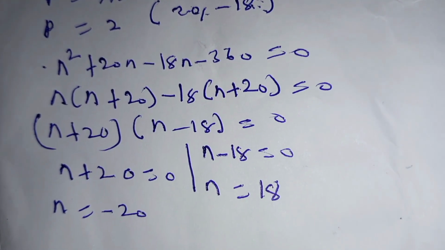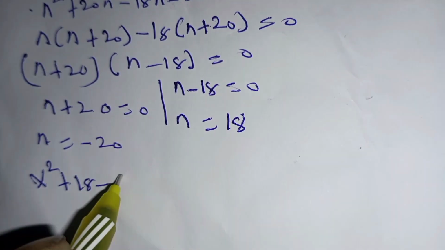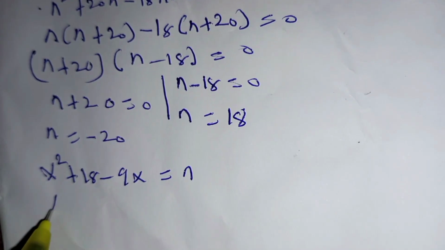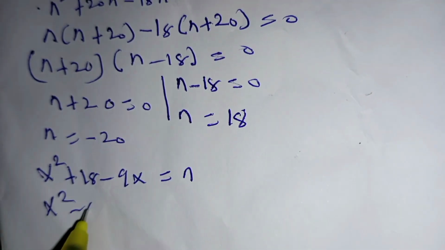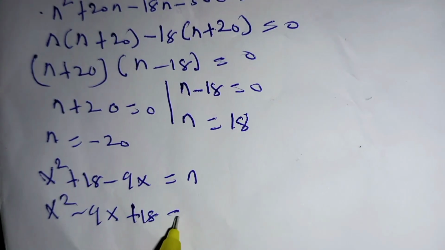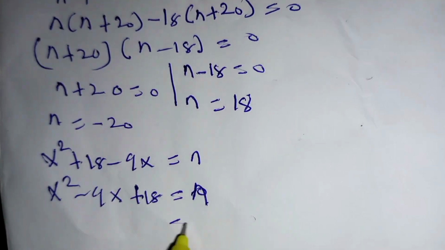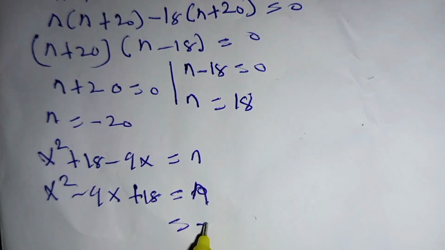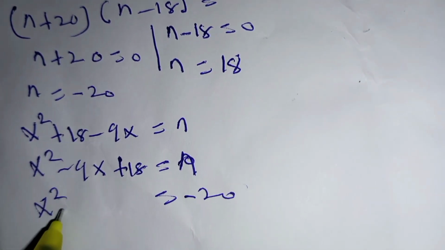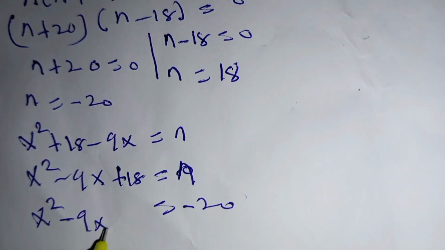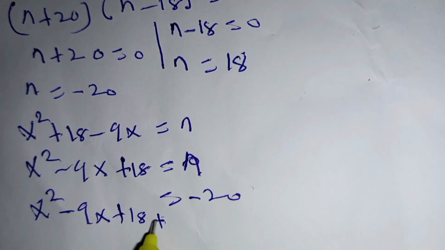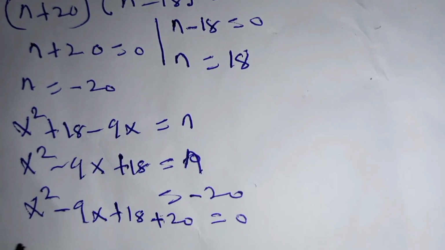So from there, we have x squared minus 9x plus 18 being equal to n. In the first case, n is negative 20. So we shall have x squared minus 9x plus 18 plus 20 is equal to 0.